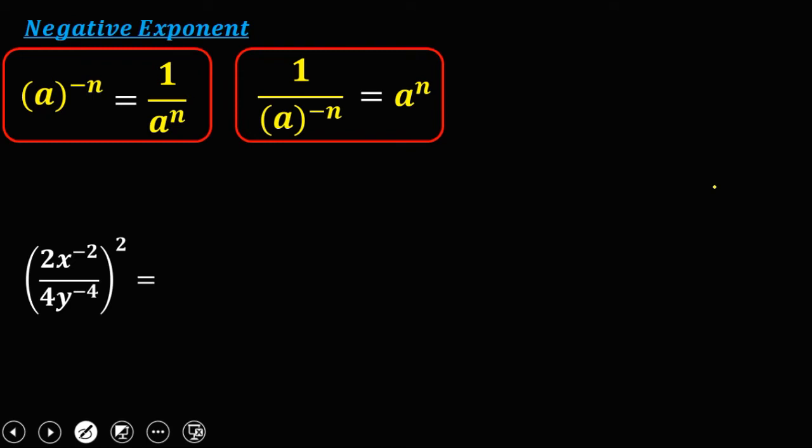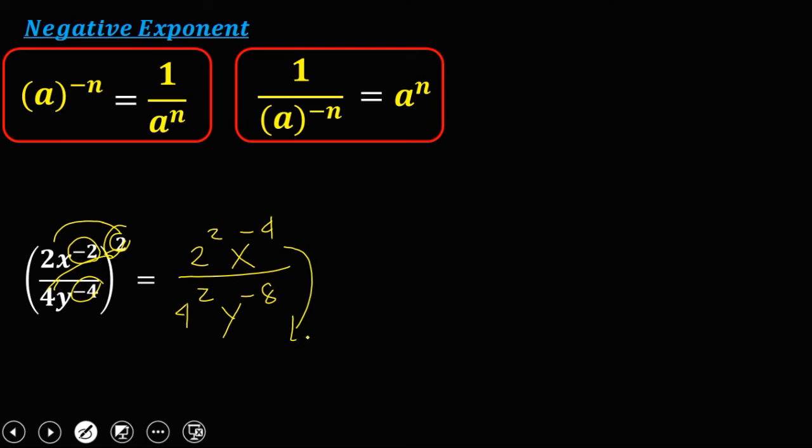Okay, so for this given, distribute first this exponent, that's 2 squared, then power to power, so x to the power negative 4 over, distribute, that's 4 squared, then power to power, so y is negative 8. Then to make this exponent positive, bring down this one, bring up.